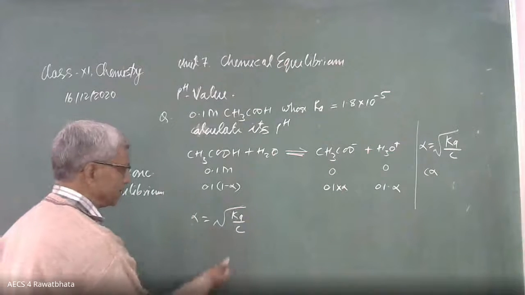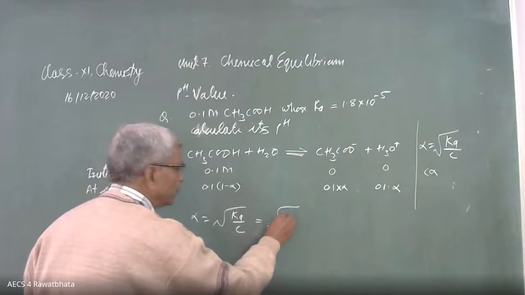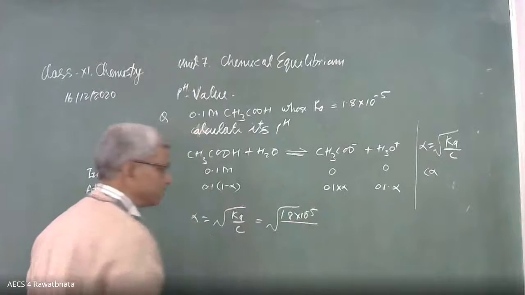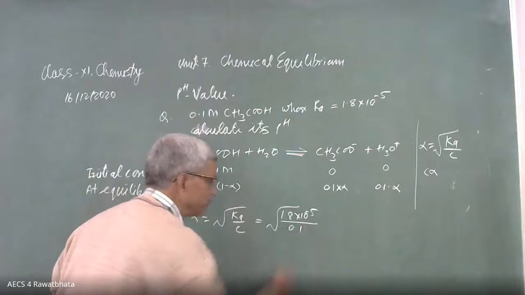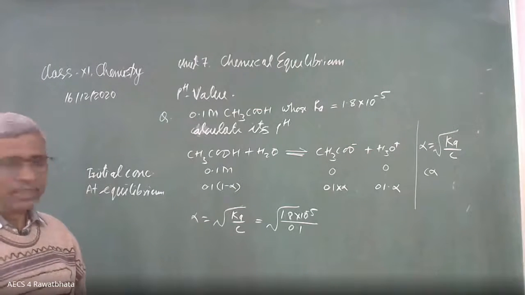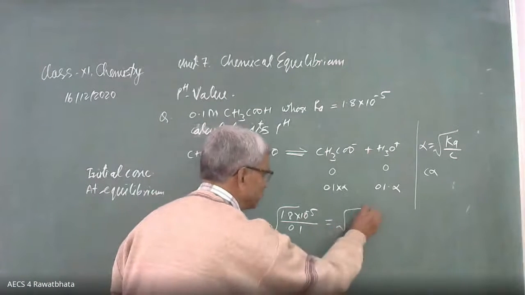So this is the formula. Then this is equal to root over K, which is given as 1.8 into 10 raised to power minus 5 divided by C. C is 0.1. Okay, beta? Simply we have filled the value in the formula. This is equal to, see that it is a root. Then how to solve this root?